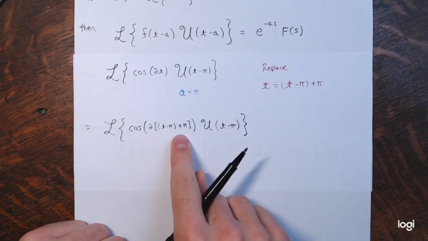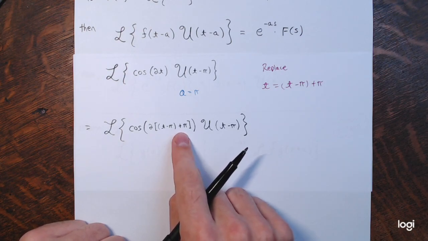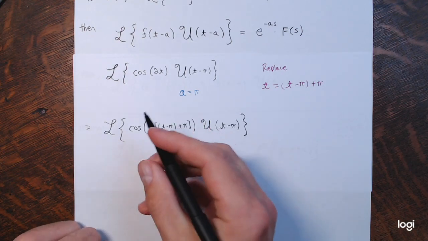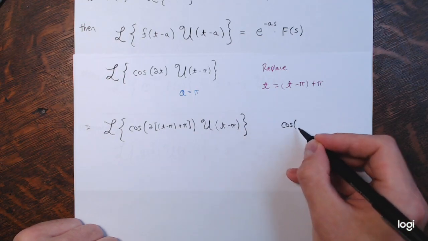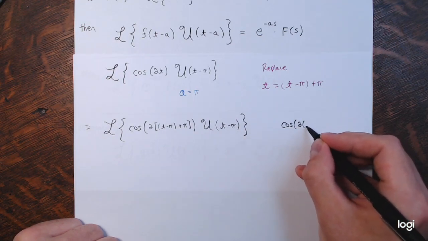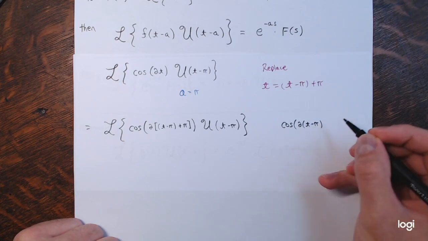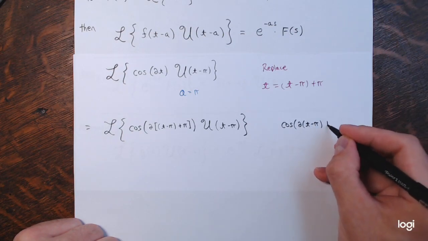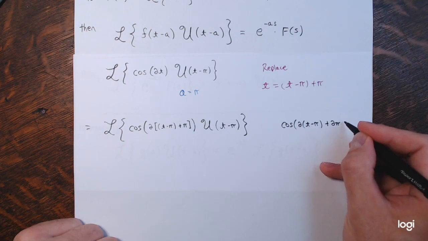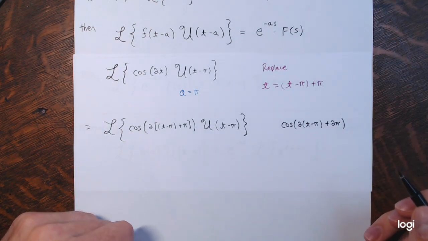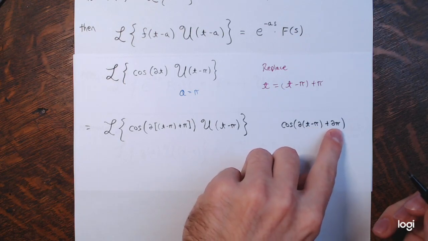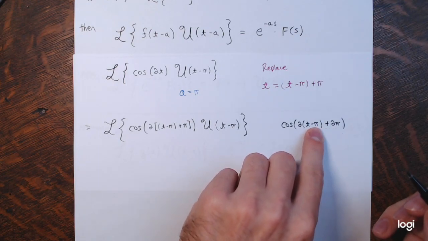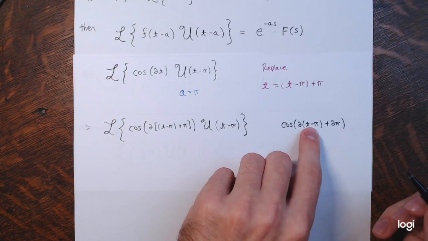Alright, now let's take a look at this expression here for a second. If I distribute, that's going to be the cosine of 2 times the quantity t minus pi, and then plus 2 pi. Now, I don't know how much trig you remember, but if you take the cosine of some angle and then just add 2 pi to it, it's going to give you the same cosine as the original angle.